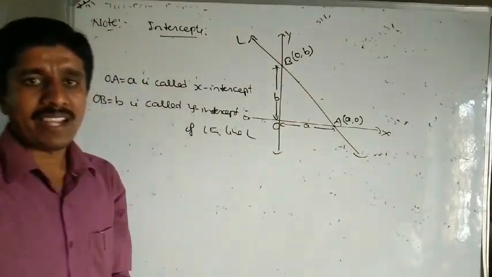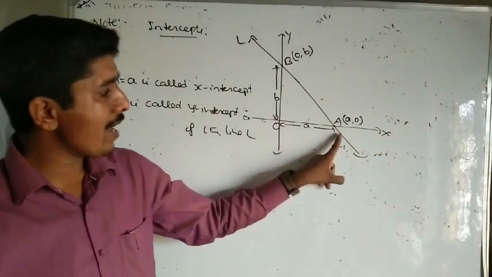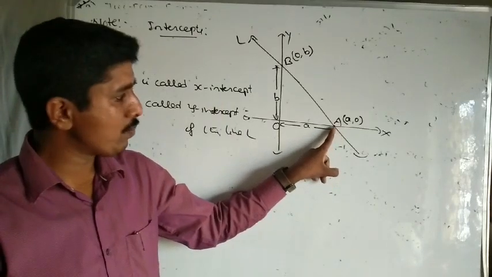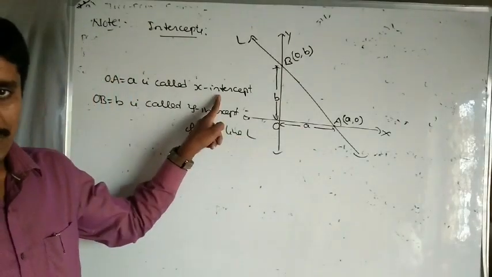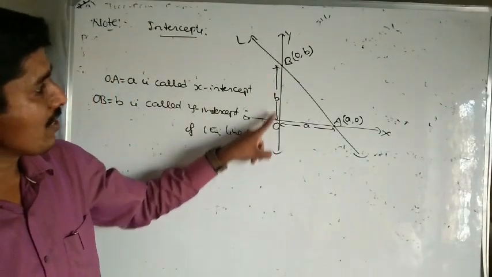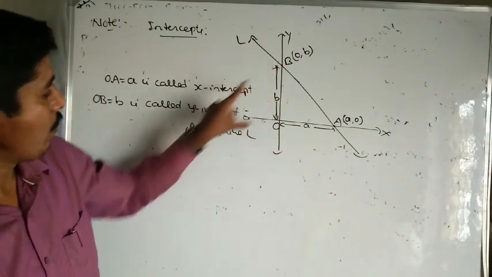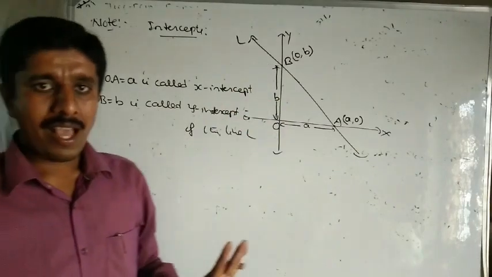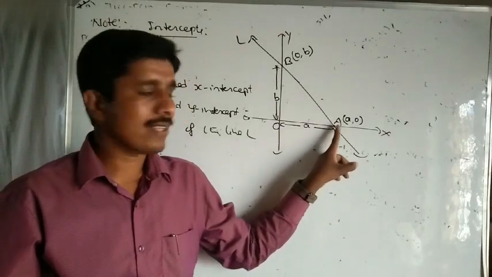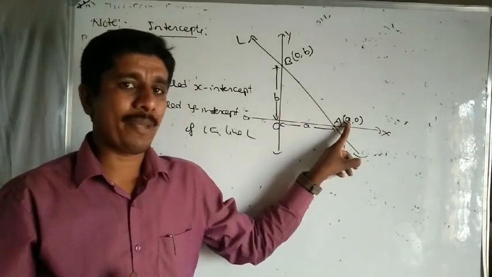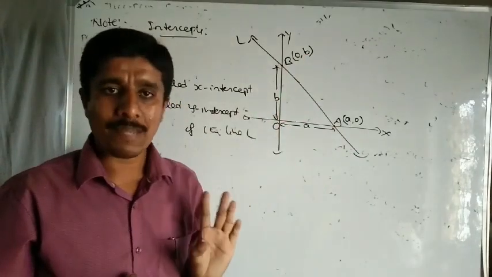Mind it, we have to understand how to define x-intercept and y-intercept. Where the line cuts the x-axis, the distance from that point to the origin, here a, is called the x-intercept, and the distance from the origin to the point B, where the line cuts the y-axis, OB, is called the y-intercept. Very important this is. Or we can say where the line cuts the x-axis, the x coordinate here, a, is called the x-intercept. Where the line cuts the y-axis, this b is called the y-intercept.